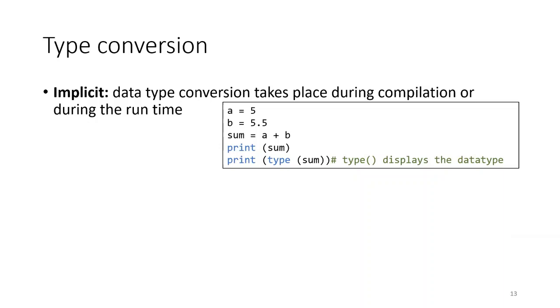Otherwise, we lose some precision. And then if we print the sum, we will see that it actually is floating point, but we didn't explicitly do any conversion. It was Python that took care of this conversion. Because of this, it is called implicit. And there is also a function type that we can use, which displays the data type.